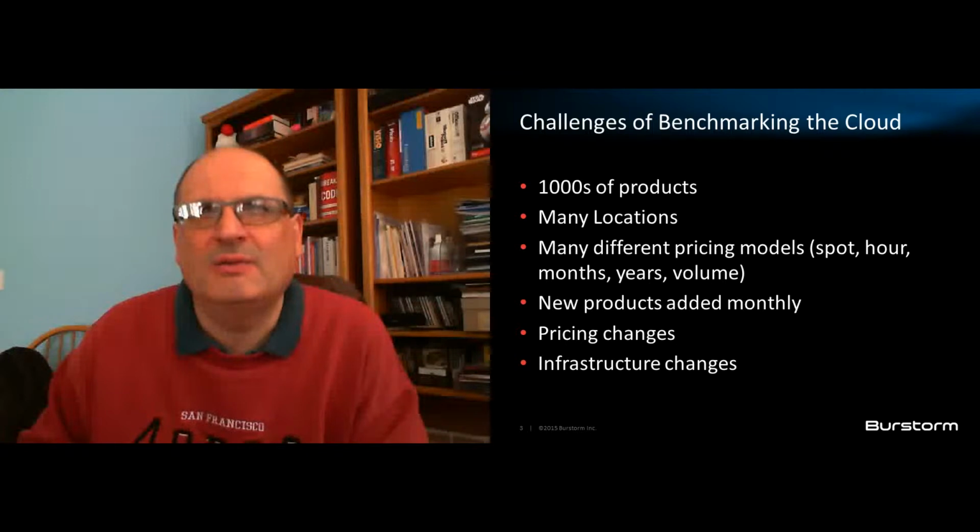And not only that, when you look around in the cloud environment, you see thousands and thousands of different products, and they all have different performance specifications. They also reside in different locations, and in many cases, the implementation of the same product, let's say an M3 extra large, might not be implemented the same way in Europe as it is in the US or in Asia Pacific.